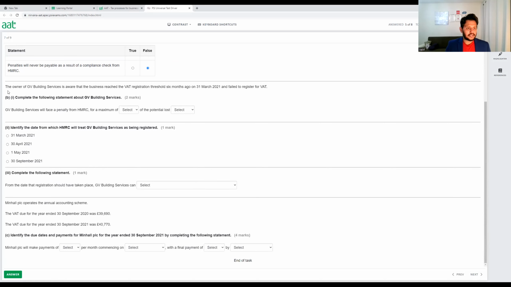The next one is: the owner of a GB building service is aware that the business reached the VAT threshold 6 months ago, 31st of March 2021, and failed to register. If you forget to register, HMRC will consider your sales from 6 months before, and they will take the VAT from there.